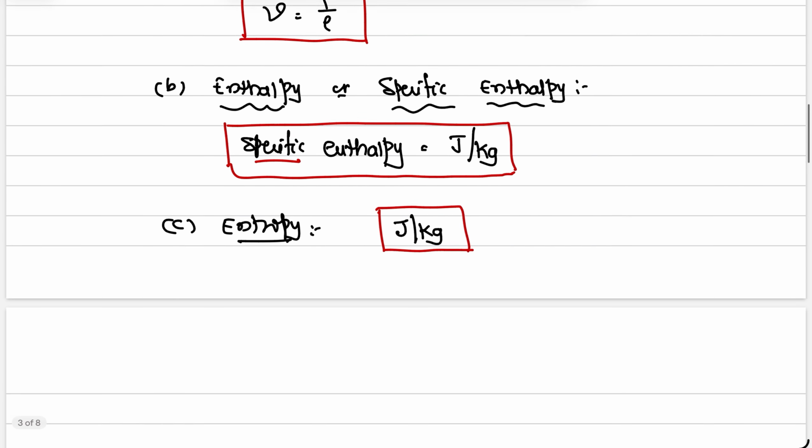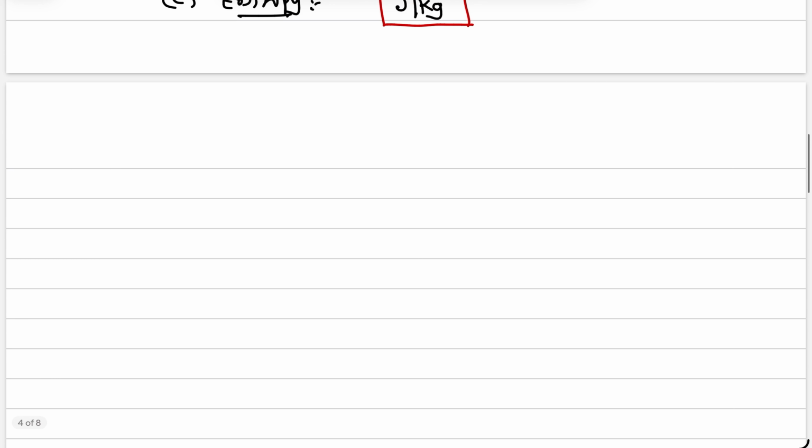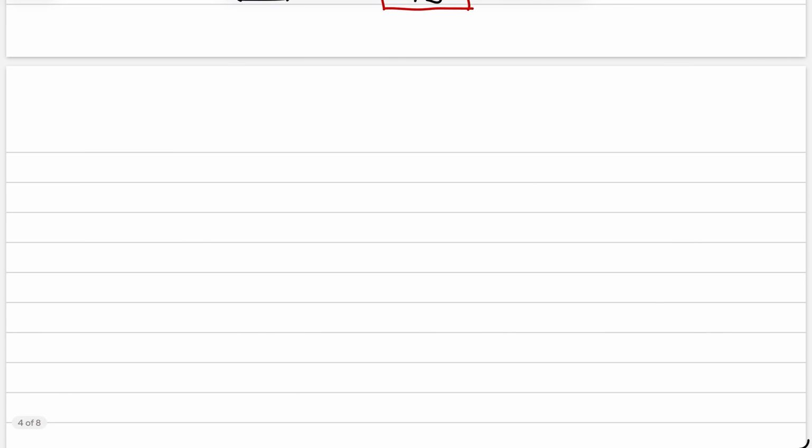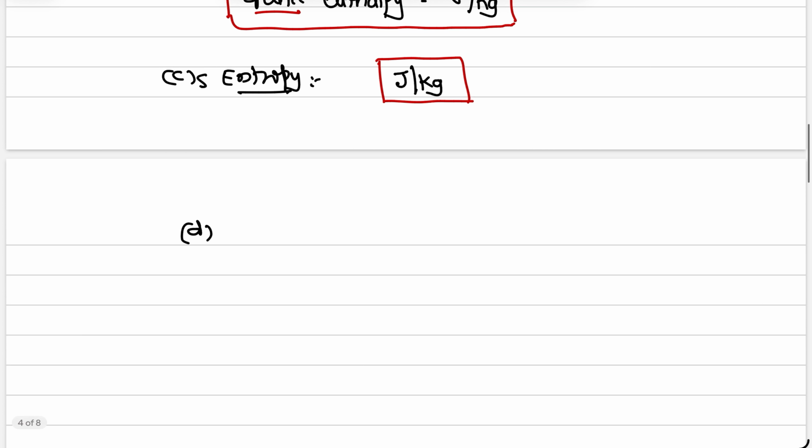Specific entropy, let us say. Specific internal energy, I am just giving you additional examples of specific.